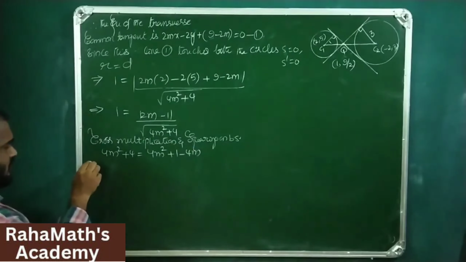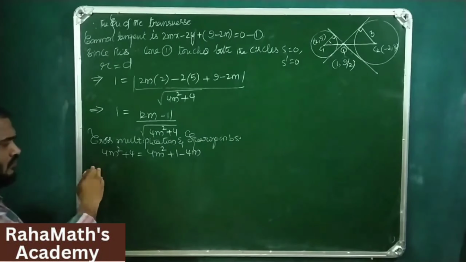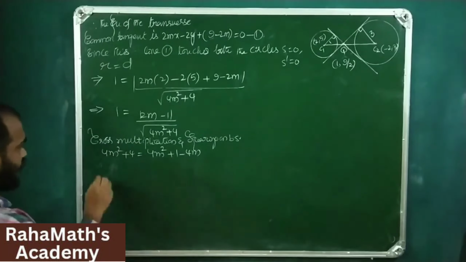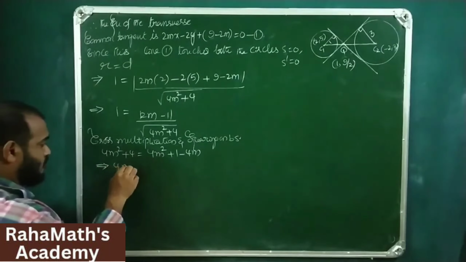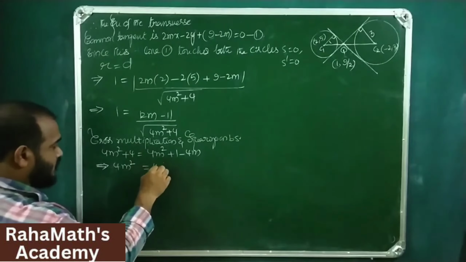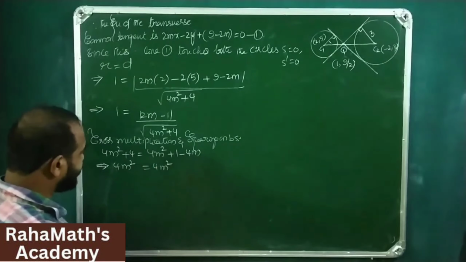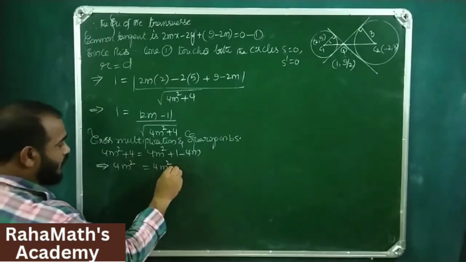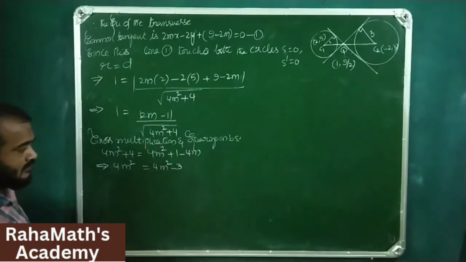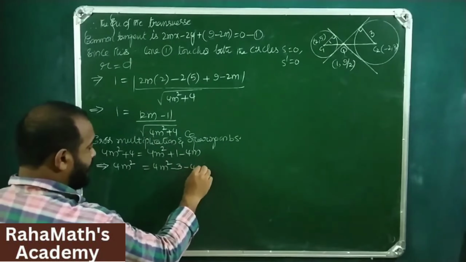So this is equal to, you simply have to divide. So this is 4m square equal to 4m square, and 1 minus 4 is minus 3, minus 4m.